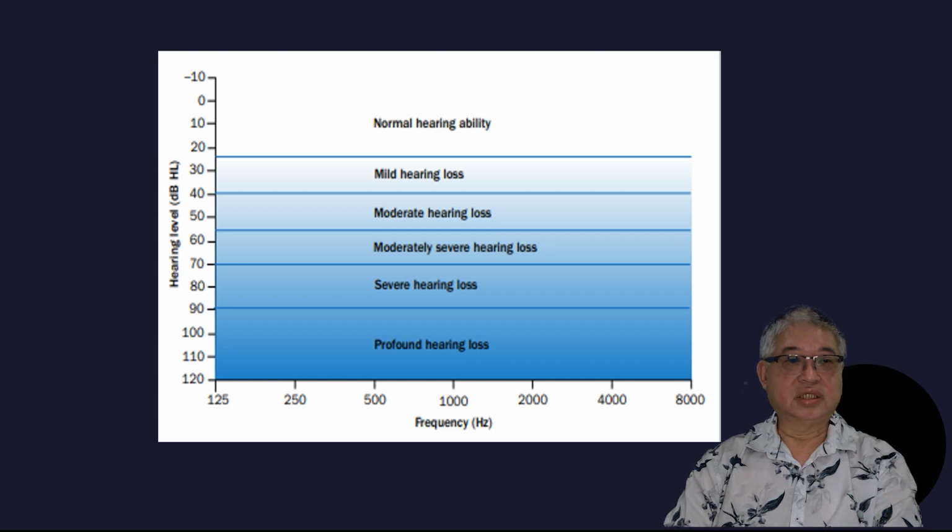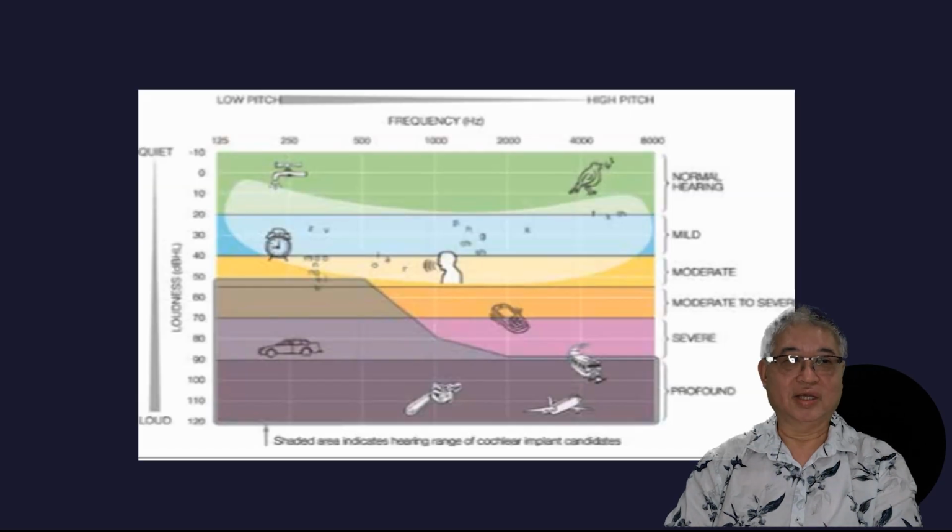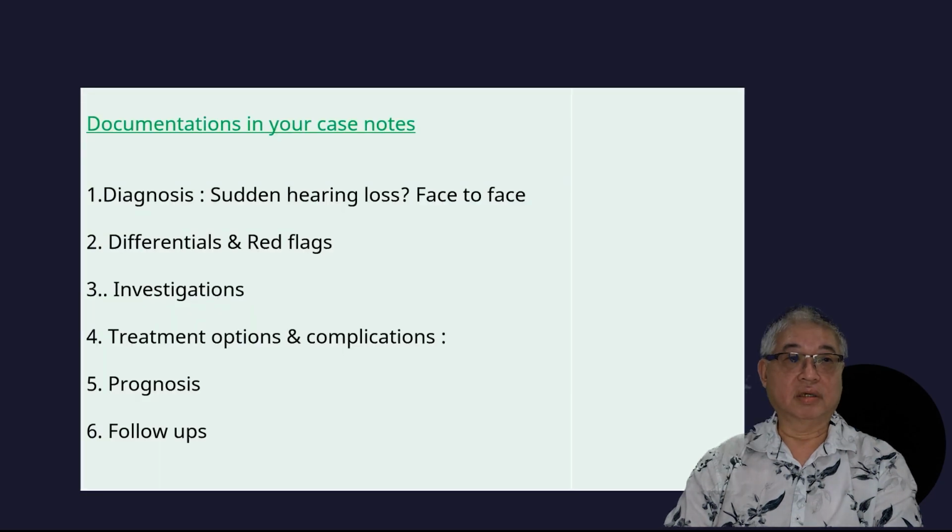This is a table showing the hearing loss based on the audiogram. But using telehealth, you can differentiate between a mild, moderate, severe, and profound hearing loss. You will document in your case notes your diagnosis, differentials, and any investigations necessary.